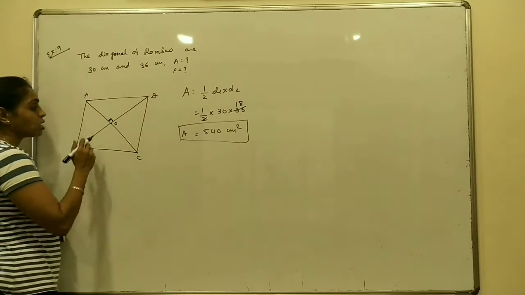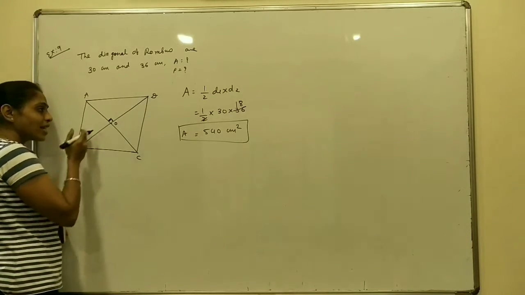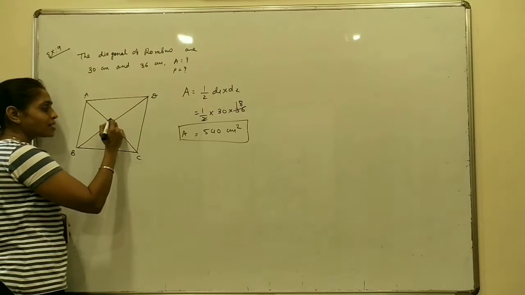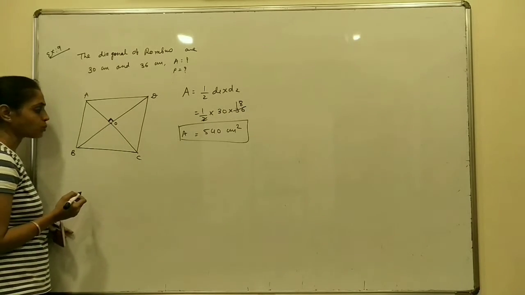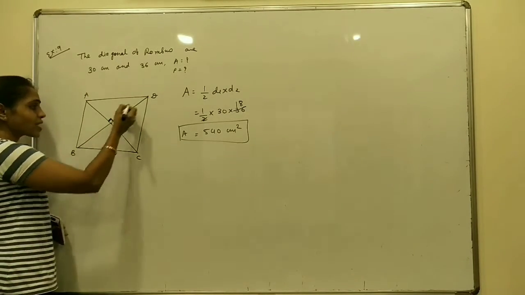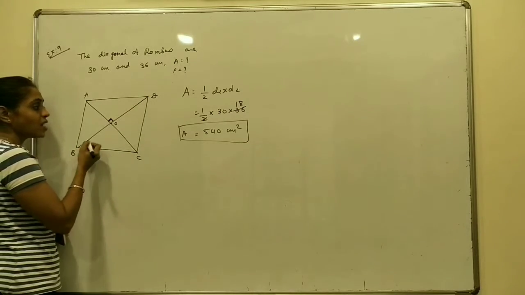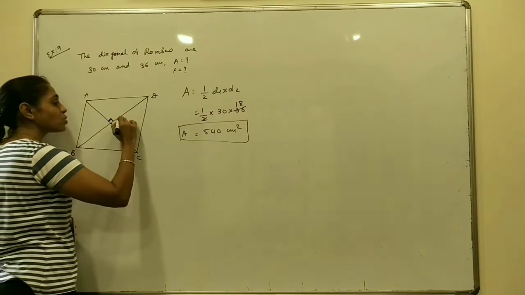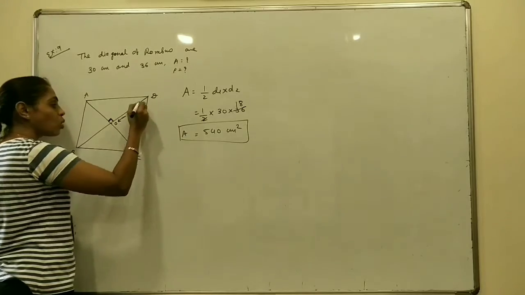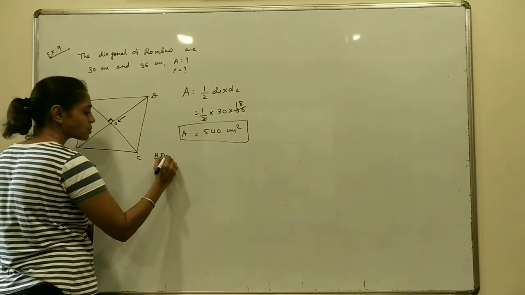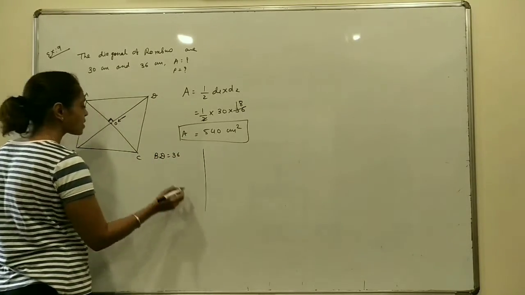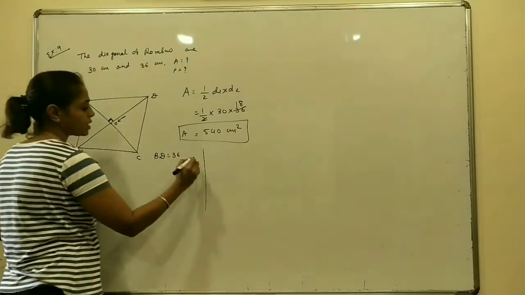Now be careful. Diagonal lengths are different, but they bisect each other at 90 degree at O. The whole BD is equal to 36 and AC equal to 30.